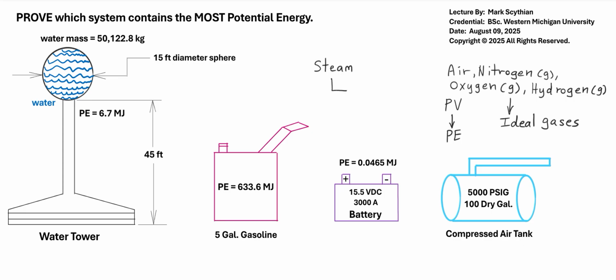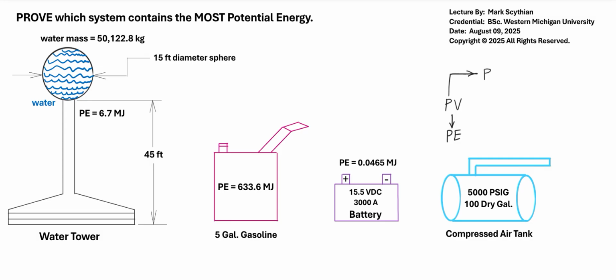But steam, on the other hand, is not an ideal gas, so you could never use the ideal gas law if you're dealing with water in its vapor form, so that's saturated steam enthalpy physics, so you can completely rule that one out. And so now we have the equation we need to calculate the potential energy of a compressed ideal gas.